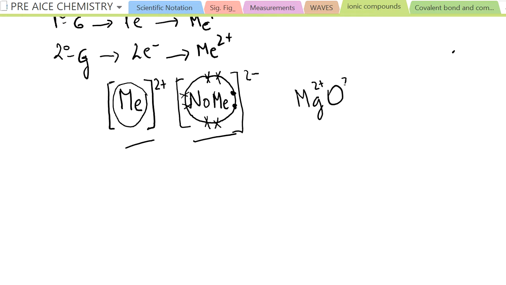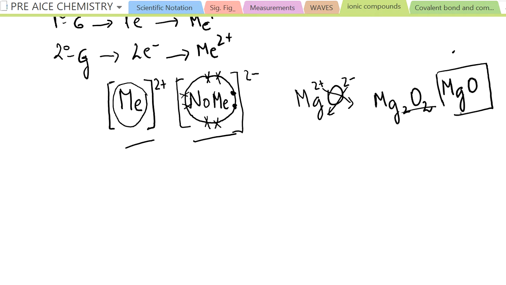The oxygen is going to be 2- because it's going to get 2 electrons. We cross these charges, okay, and we are going to have Mg2O2. But since we can simplify these, the actual formula for magnesium oxide is MgO. Okay, so that is going to be the magnesium oxide.